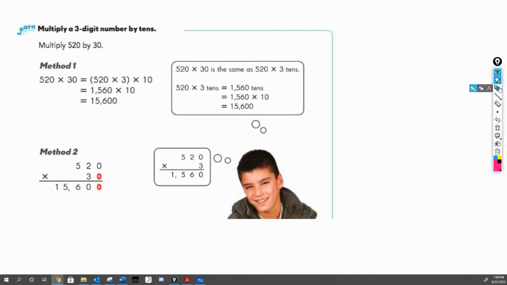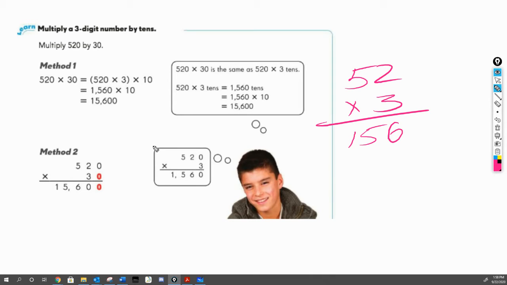The other thing that you could do here, again, recognizing that this is all patterns, instead of doing 520 times 3 and adding a single zero, you could do 52 times 3, recognizing this is 52 tens times 3 tens. 2 times 3 is 6, 3 times 5 is 15. Those two zeros there need to be kept, and you get 15,600, which is what he's going to show us on the next slide here.